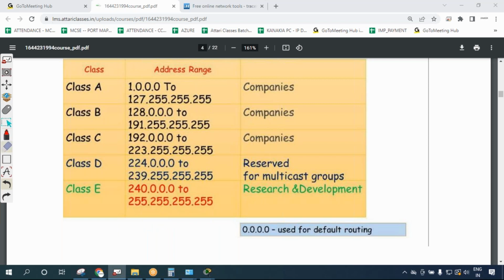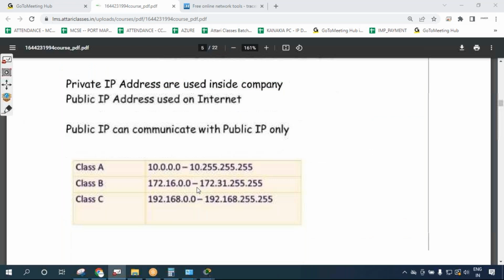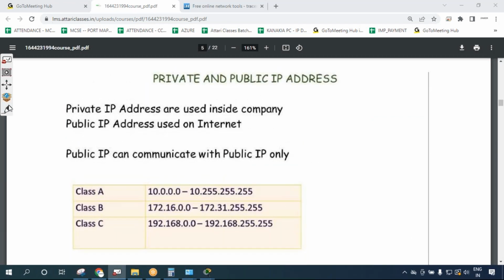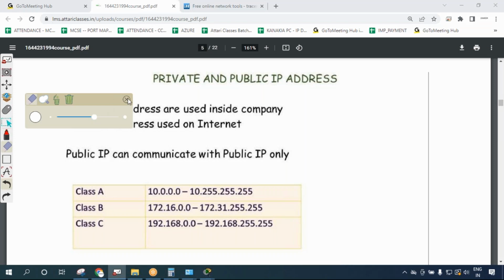Previously, this general IP was known as public IP only, given to everyone. But then companies needed IPs and IANA could not give IPs to everyone. So IANA said, we have taken a range from class A. 0 is reserved and 127 is reserved for self test.